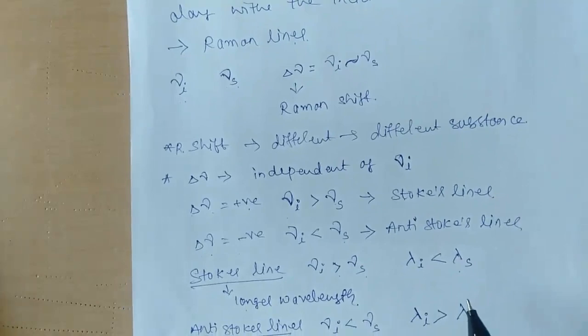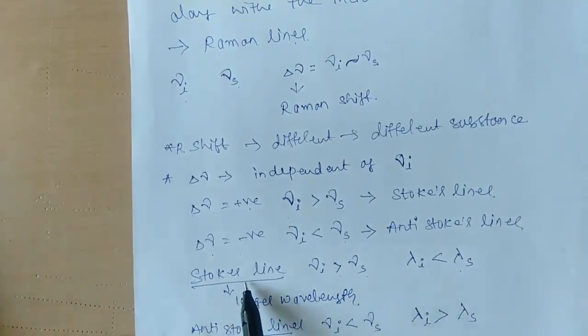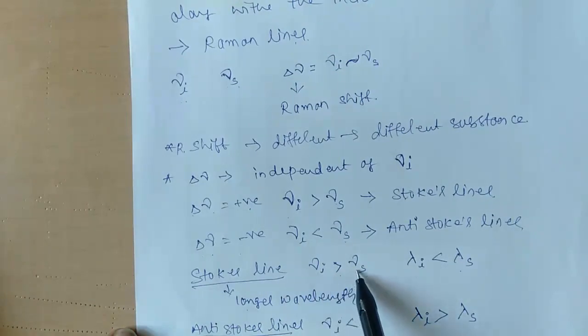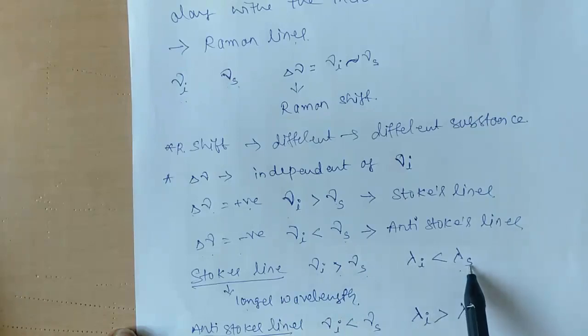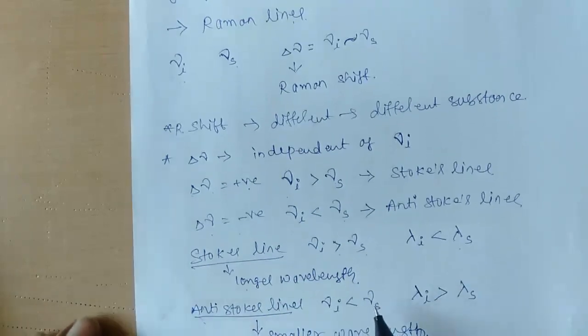Now, if you need to write in terms of wavelength, for Stokes lines, the frequency of the incident light is greater than the frequency of the scattered light. Therefore the wavelength of the incident light will be less than the wavelength of the scattered light. So in general, Stokes lines have a longer wavelength than the incident light.